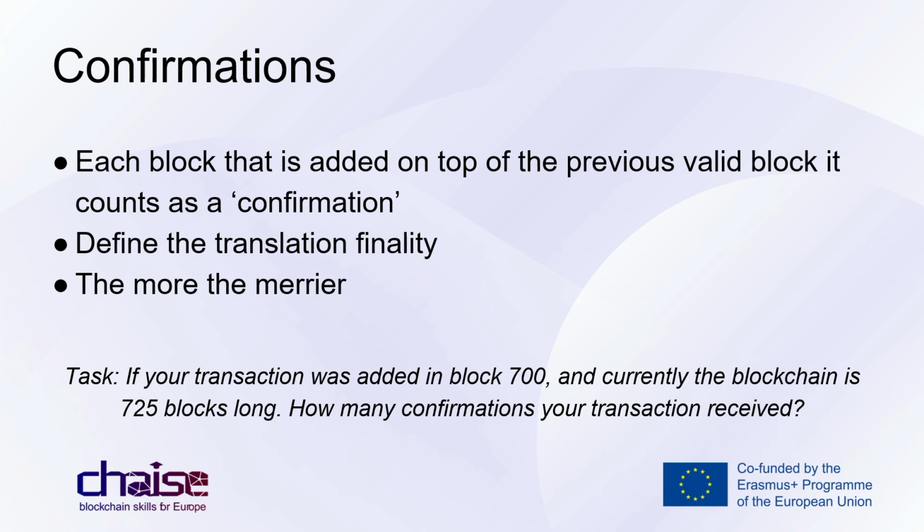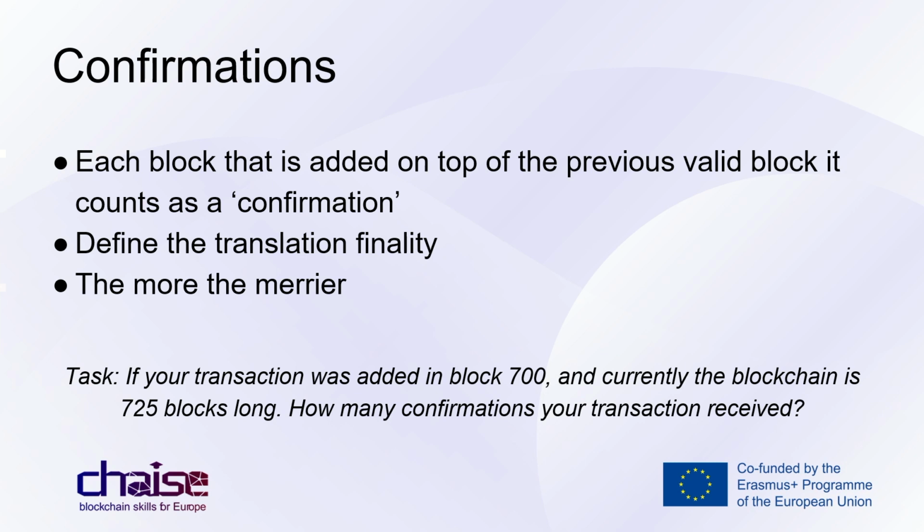Each block that is added on top of the previous valid block acts as a confirmation. For example, if my transaction is included in block 100 and the blockchain is 103 blocks long, it means my transaction has 3 confirmations. The more confirmations, the more secure the blockchain.